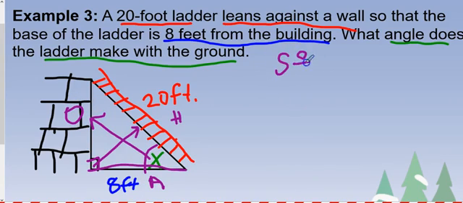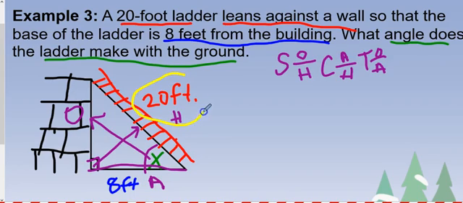And then I'm going to write SOHCAHTOA at the top of my paper. And we're going to circle the information that we do have. We have something on 20, and we have something here with the 8. So that's A and H. A and H is cosine.